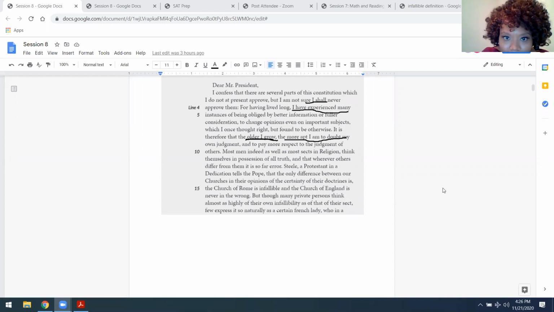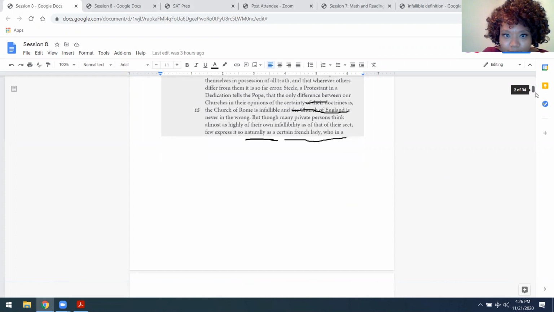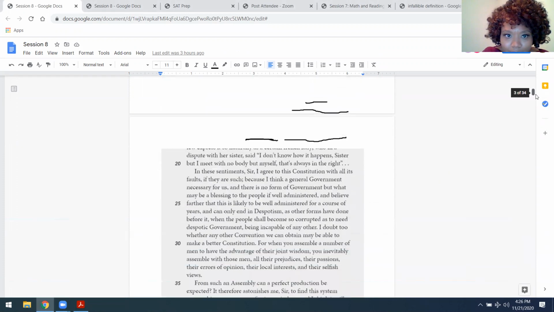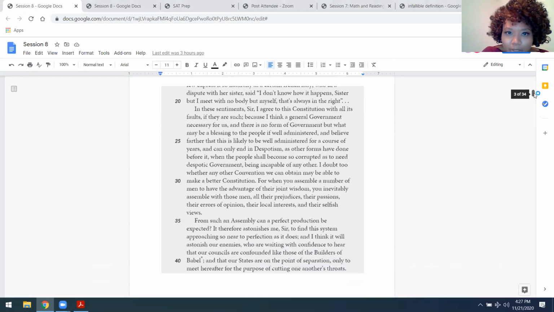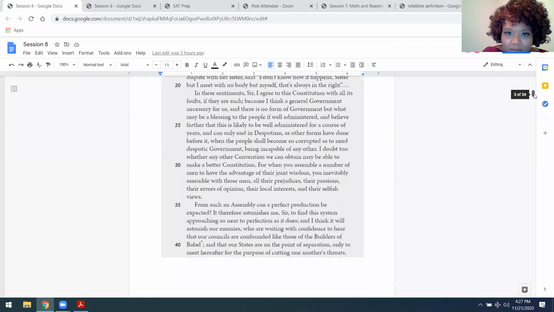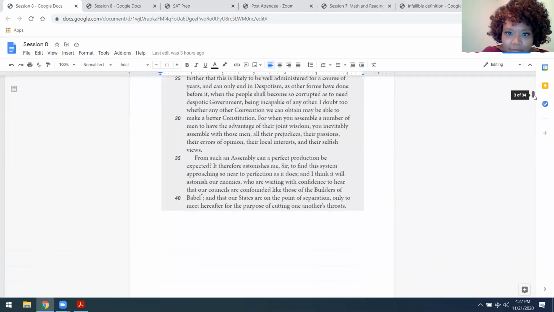Let's look at some other things. I wish it only stayed where I put it, this annotating, but it's helpful. Let me erase that real quick. I think that's the main part where he speaks of himself, really.